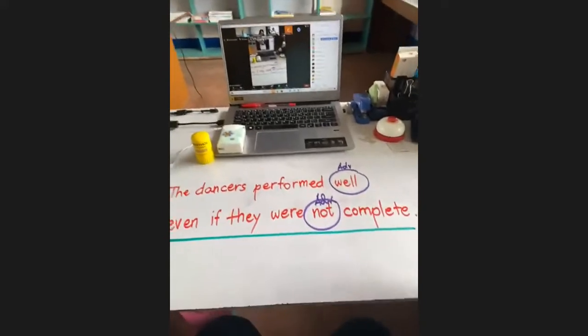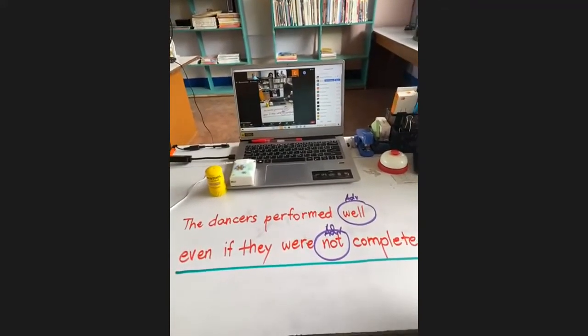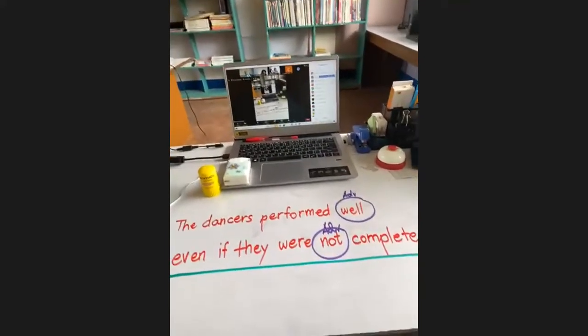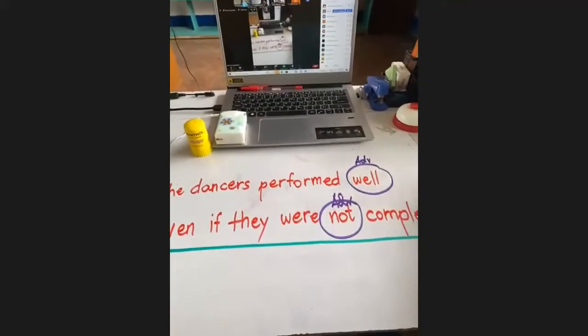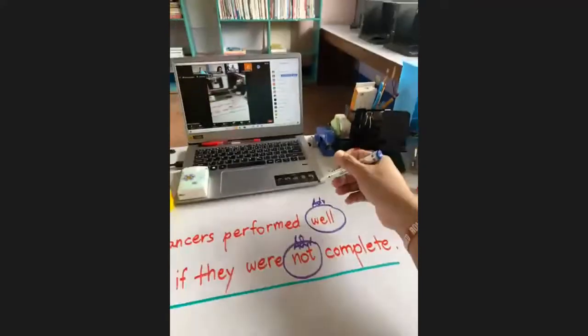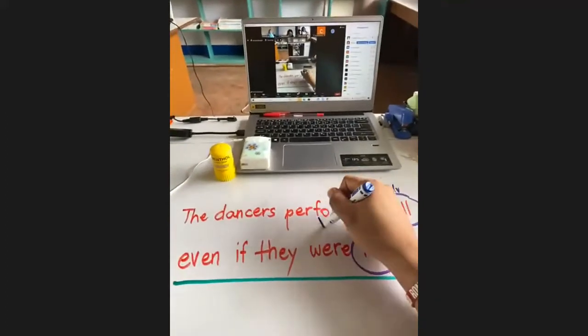It's presenting a condition. So you have three kinds of adverbs in this sentence. The first one is a single word adverb, which is well. This adverb modifies performed. And performed is a verb.